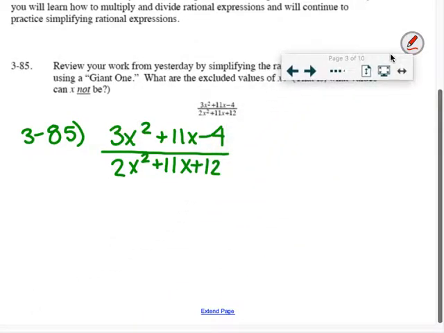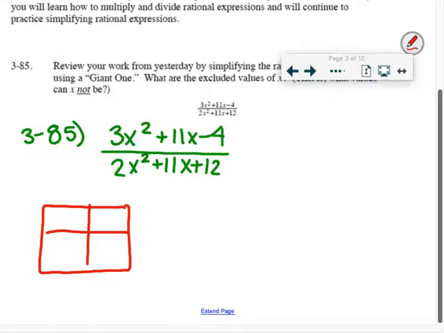So you guys are going to get a lot of factoring practice in this chapter here. So I'm rewriting this numerator so that it is a product. Taking 3x squared and negative 4, 11x, and multiply up to get negative 12x squared.